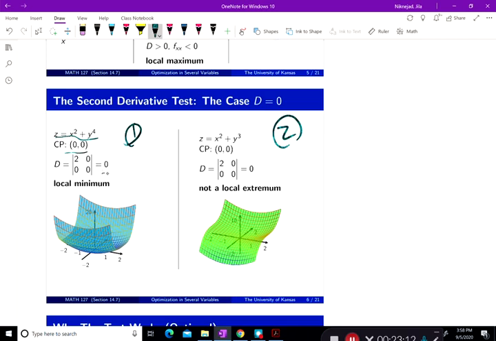The discriminant is going to be 0, but the shape is like that, and there is a local minimum. Example 2: z equal to x squared plus y to the third, the critical point again is 0, 0, the discriminant is 0, and there is no local min or max at 0, 0, as you see from the picture.